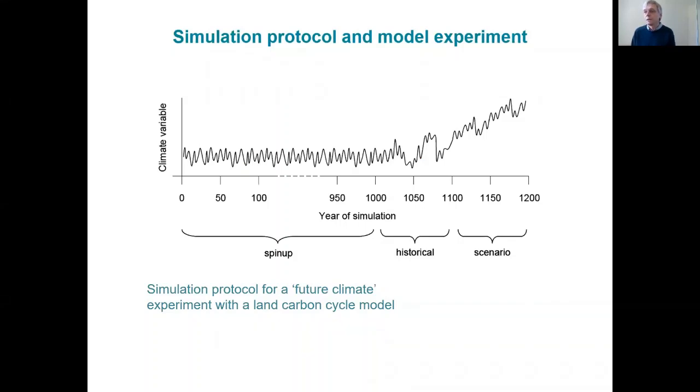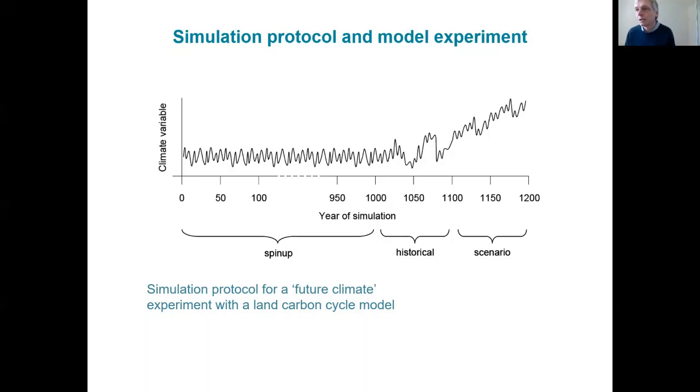We might follow the spin-up with a period where the forcing is based on recent history, for example, going back to the Industrial Revolution. And the purpose of this is because ecosystems have significant lags which are caused by the dependency of some of the processes on the current state. As the state evolves, that affects the output of the model, and we need to take that into account.